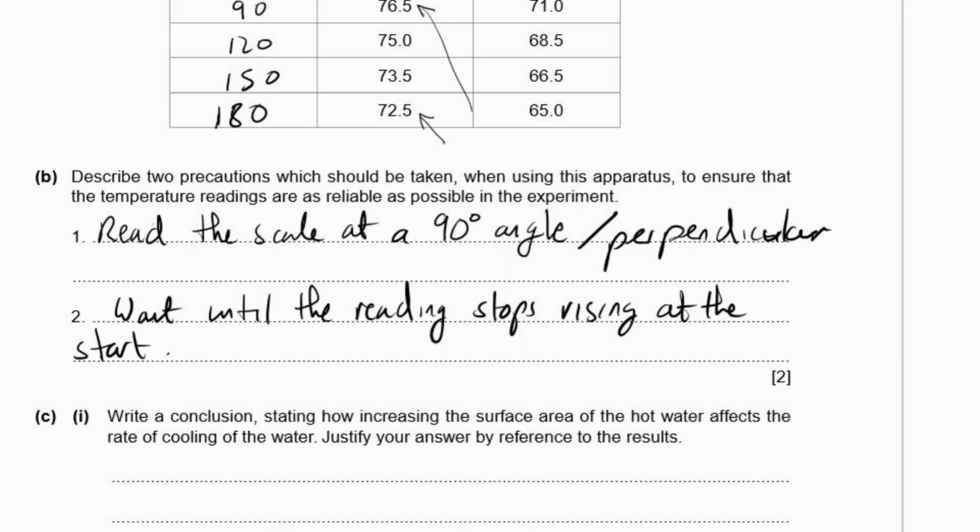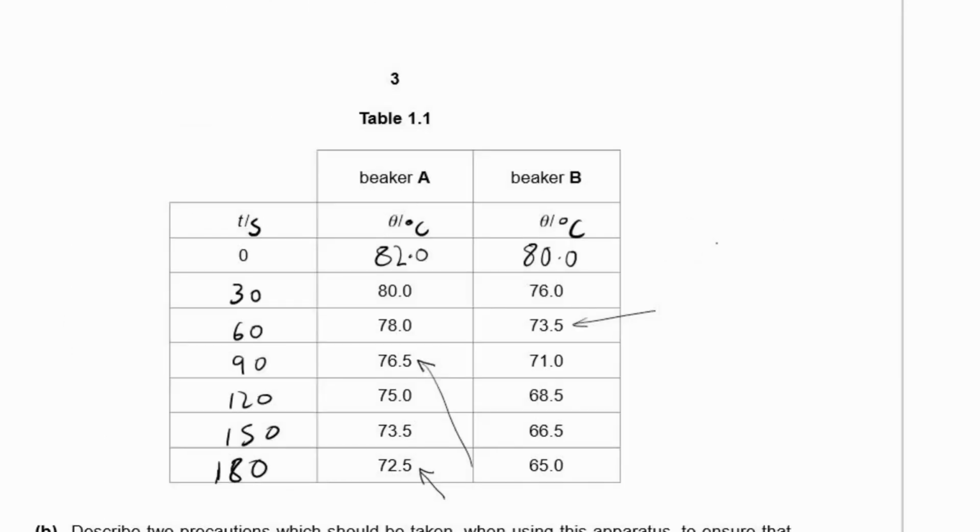Part C1. Write a conclusion stating how increasing the surface area of the hot water affects the rate of cooling of the water. Justify your answer by reference to the results. Okay, so let's look at what's happening. We've got a time passing, and this time is 180 seconds. During that 180 seconds, beaker A loses 9.5 degrees Celsius.